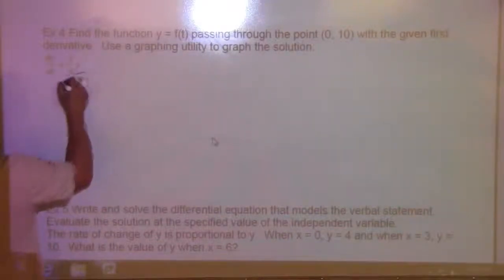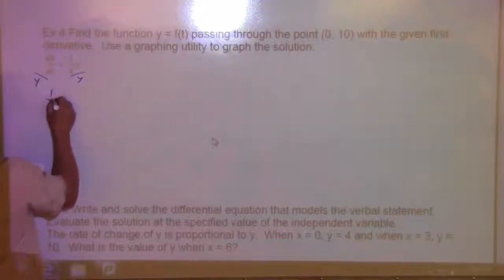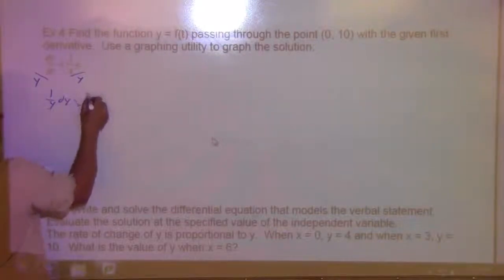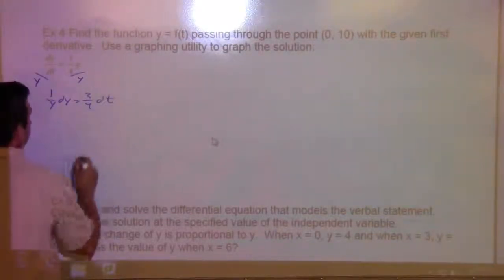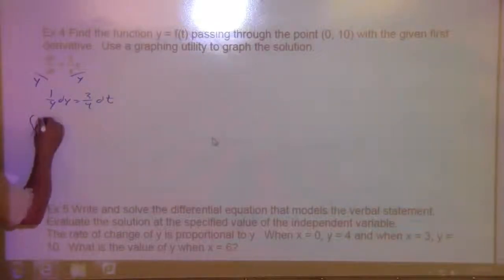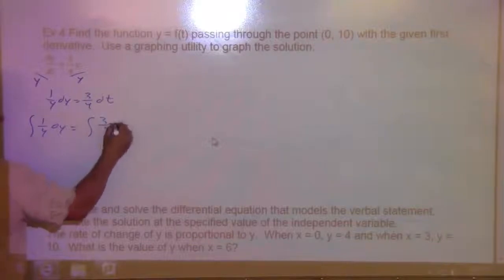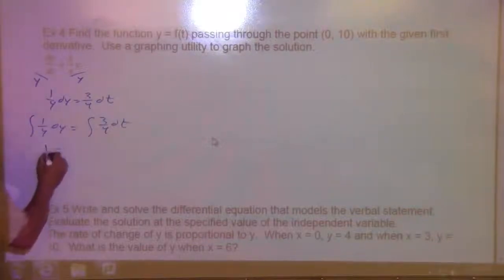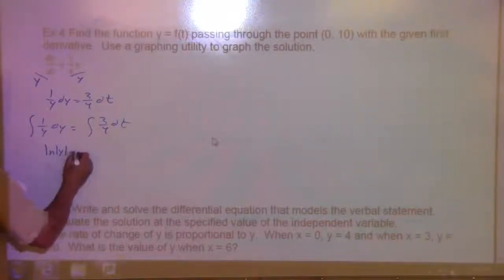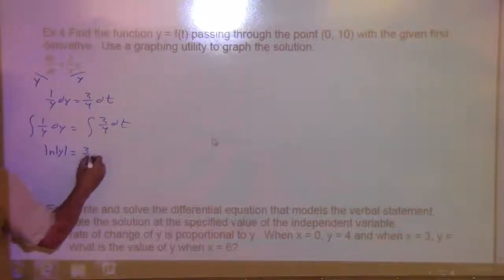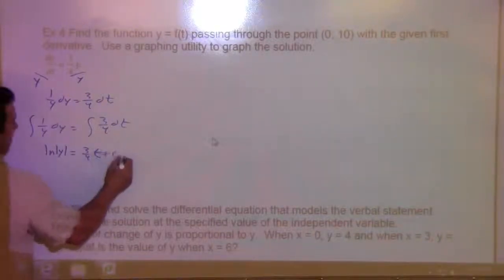If I divide both sides by y, I have 1 over y dy equals 3/4 dt. The integral of 1 over y dy equals the integral of 3/4 dt. So this is going to be the natural log of the absolute value of y equals 3/4 t plus some constant c1.